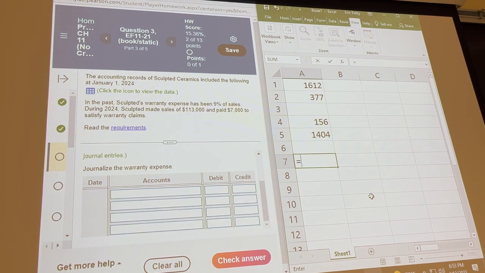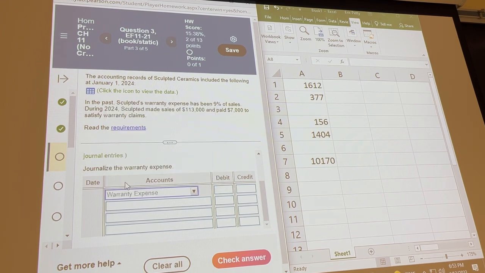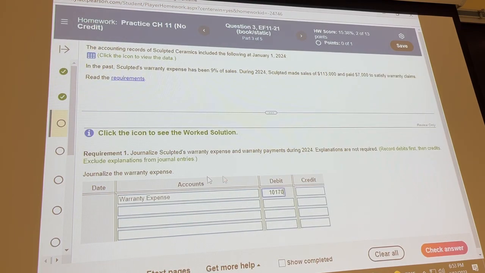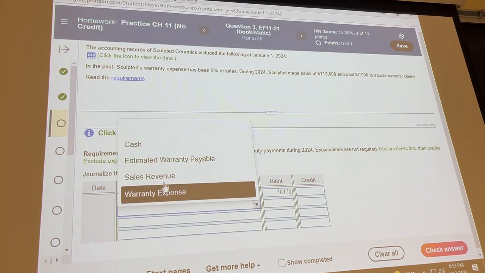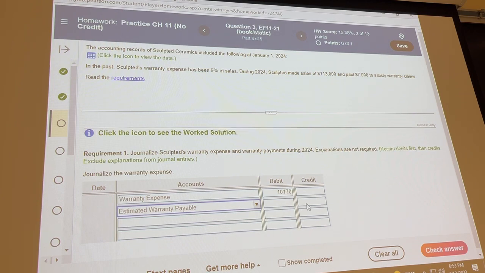So we take $113,000 times 9%. And so the account we debit would be warranty expense, and so the dollar amount would be $10,170. And the account that we would credit would be the liability account that we call estimated warranty payable.